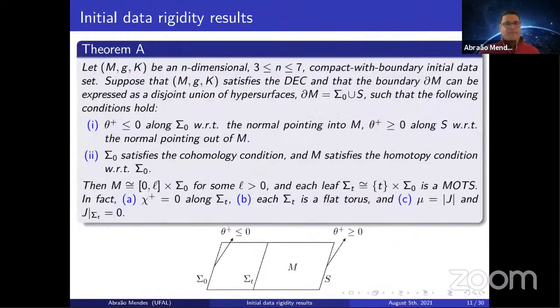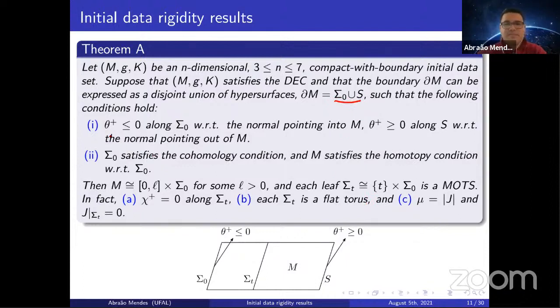All right. Then we have our first result of this lecture, which is Theorem A. So the theorem says the following: let (M, g, k) be an n-dimensional, n between 3 and 7, compact with boundary initial data set. So suppose that it satisfies the dominant energy condition, and the boundary can be expressed as a disjoint union of hypersurfaces, like this, such that the following conditions hold.